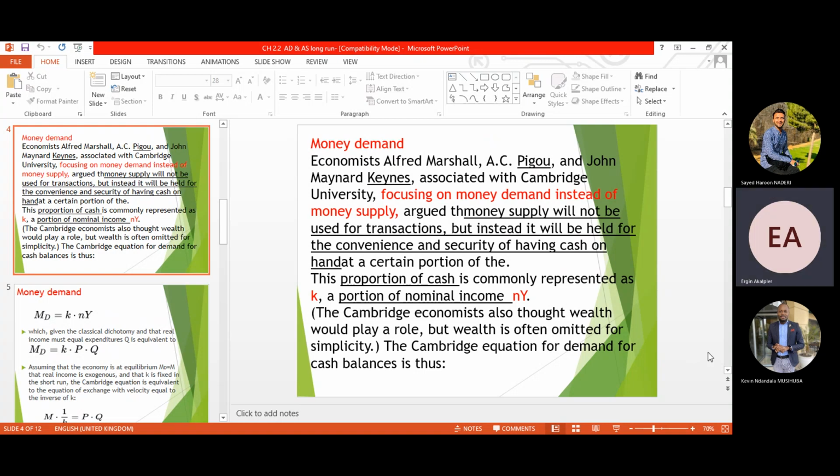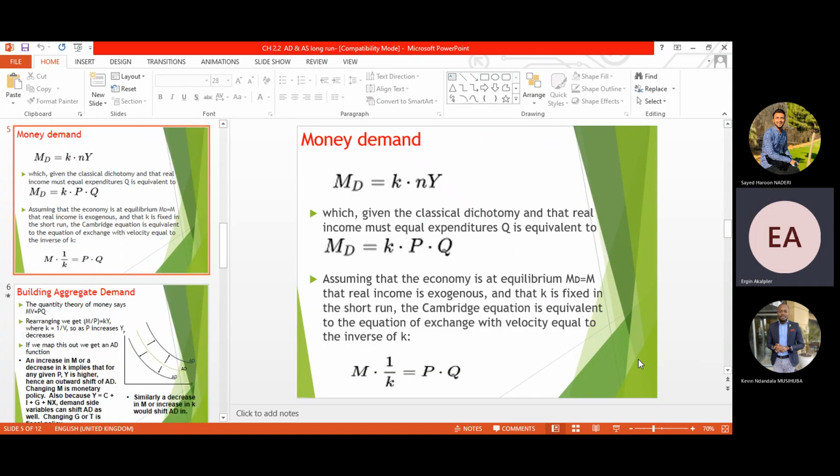The Cambridge equation for demand for cash balances is then introduced as MD = K multiplied by NY, which gives the classical dichotomy, and real income must equal expenditures. So MD = K multiplied by PQ.